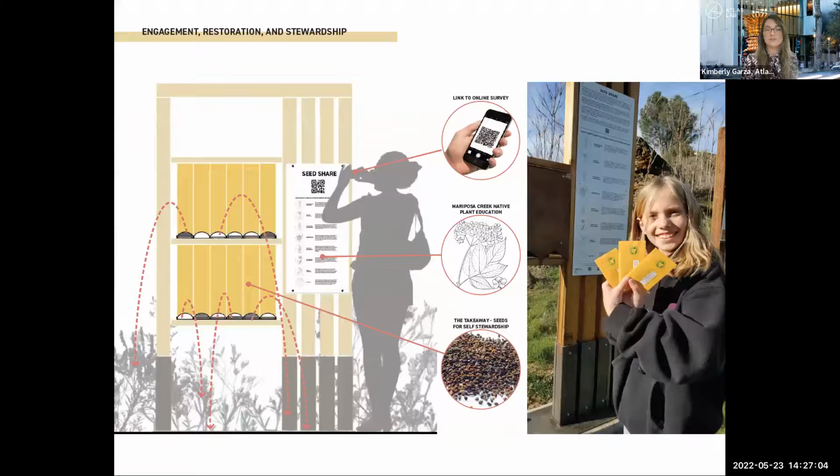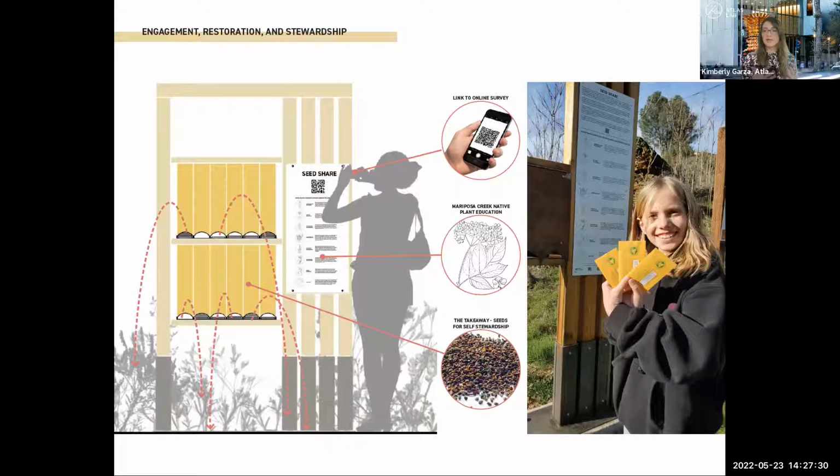Next slide. So riffing off this initial installation, we then were able to do another installation further down the parkway from the Olama basket display installation, and create an installation called Seed Share. And with this one we were able to provide seed packets of that native plant material along the parkway.